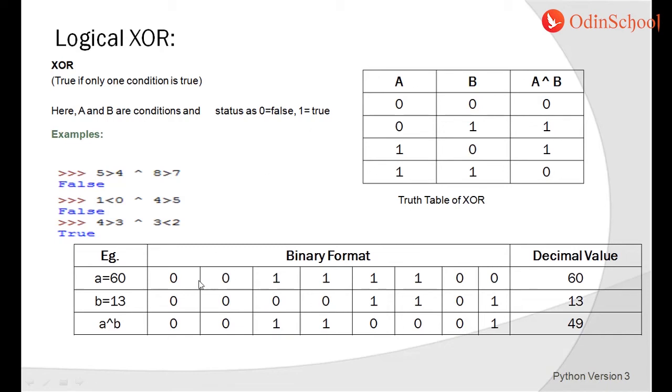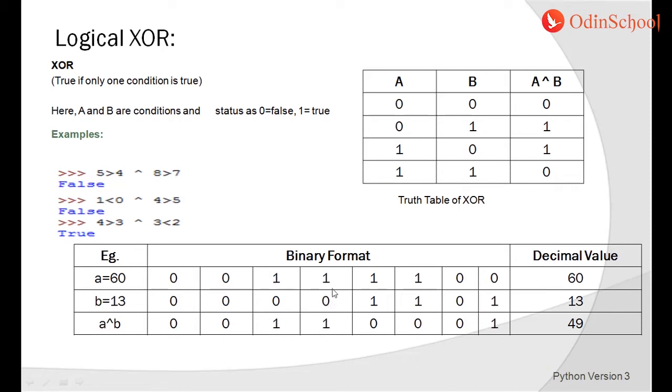At that time it shows one value. Now here you can see a equals 60, a decimal value we will take. The binary of 60 is this and 30 is this. If you do the logical XOR between this a and b variable, then here you can see for this, 0 and 0 gives 0. But if any one is 1, meaning any one condition is true and the other condition is false, so it gives a one answer.